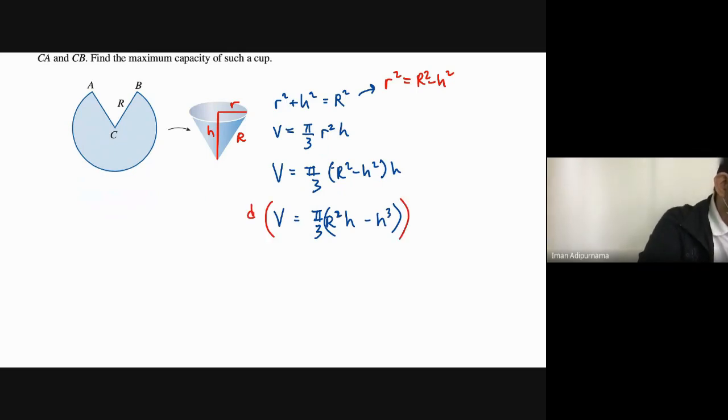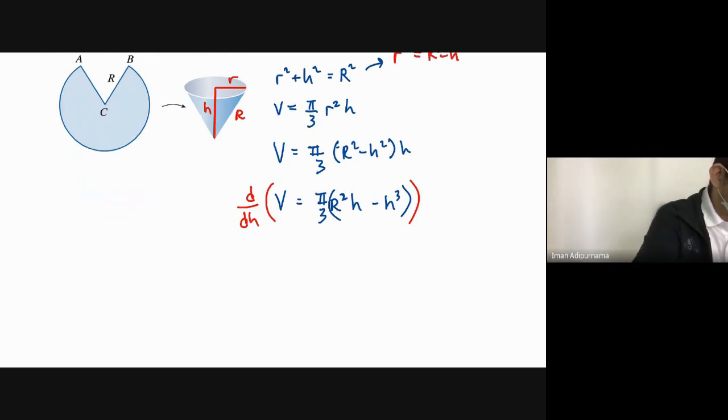We take the derivative with respect to h. Actually, you can choose which one you want to substitute, but I think it's better to substitute the r squared, right? If you want to substitute the h, then you need to take a square root, and it will be, I think, more complicated. So I think it's better to substitute r squared.